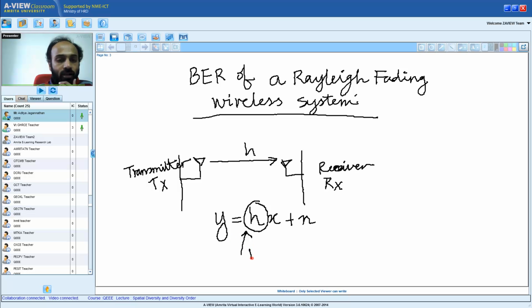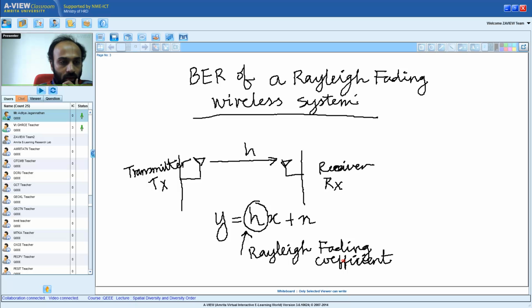Remember, we said this is the Rayleigh fading channel coefficient, so Y is equal to HX plus N. It's a complex channel coefficient, that is H is equal to A e to the power of j phi.